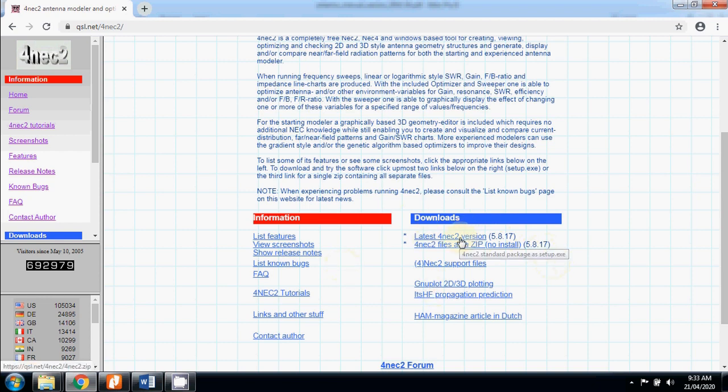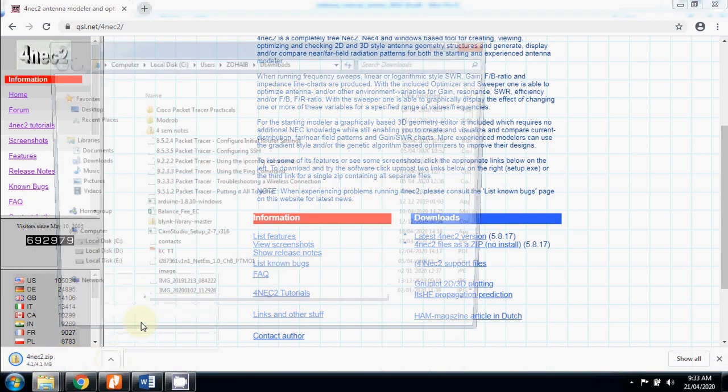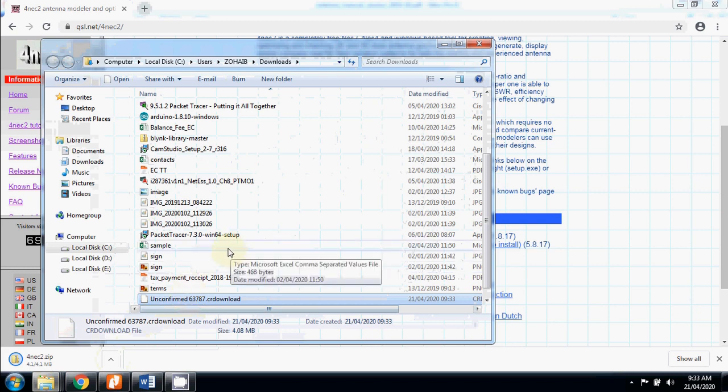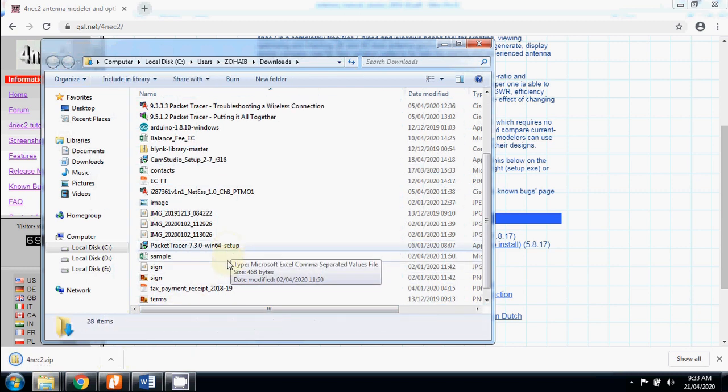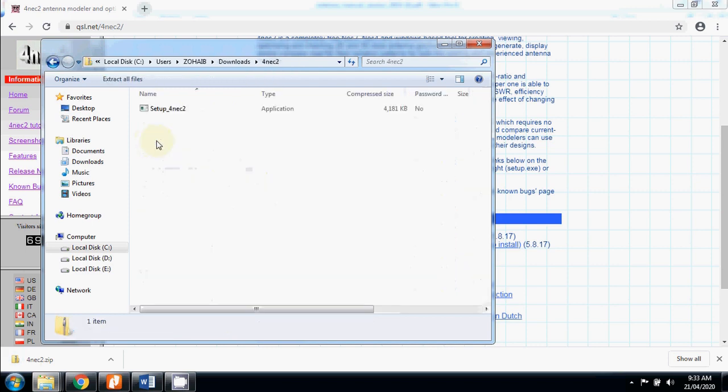So when you download this, let me click on this. The zip folder is being downloaded, and let me go to the location where it is getting saved. It comes as a zip folder, and once you go inside it, there's a setup file.